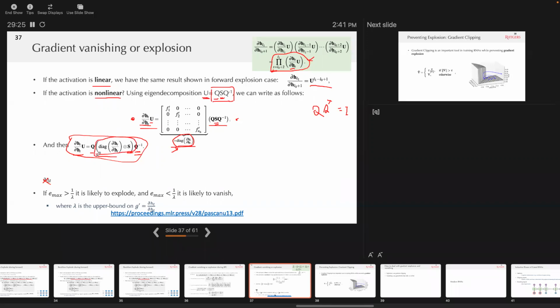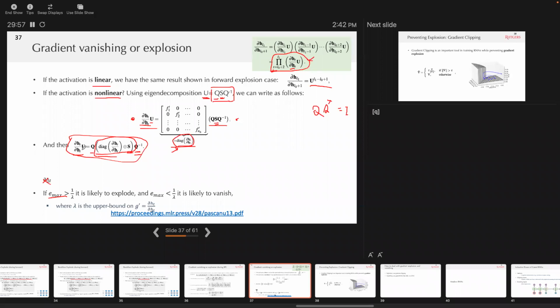it's a diagonal matrix. So if you raise the diagonal matrix to the power of 2, then just simply raise each entry in the diagonal matrix to the same power. And the rest of it is a little bit of complex analysis, and ultimately you're going to reach the conclusion that if the largest eigenvalue of U is larger than some value, then the gradient is likely to explode.